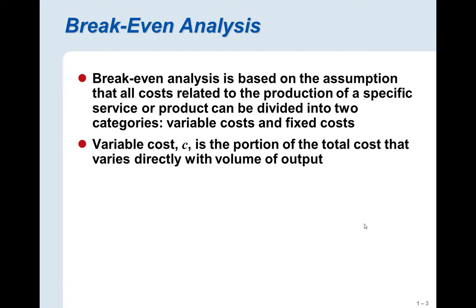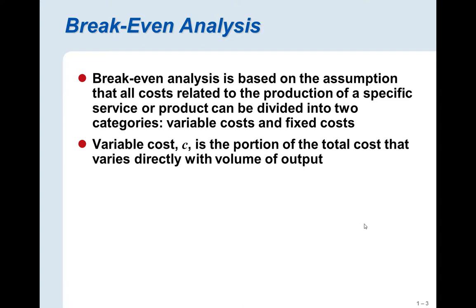In break-even analysis, there are two costs that we are interested in. The first cost we call variable cost. We use C to represent variable cost. Variable cost is the cost that varies with the quantity of product we produce or the quantity of the item we sell.